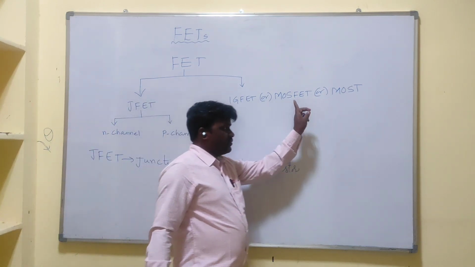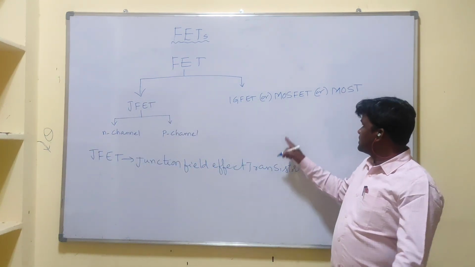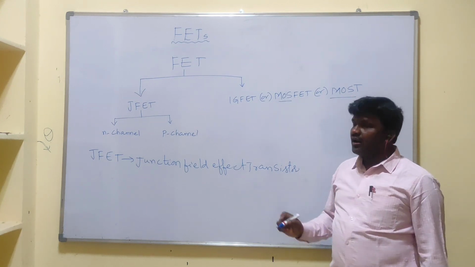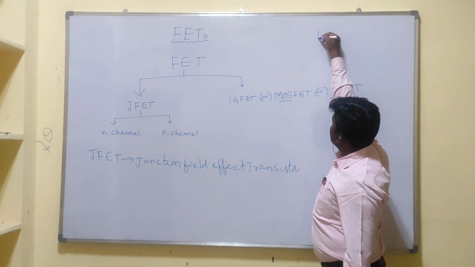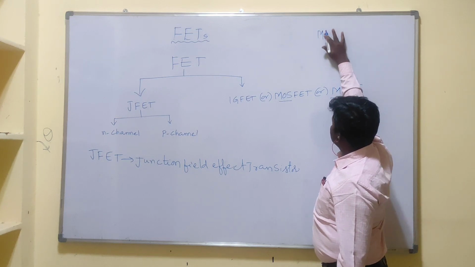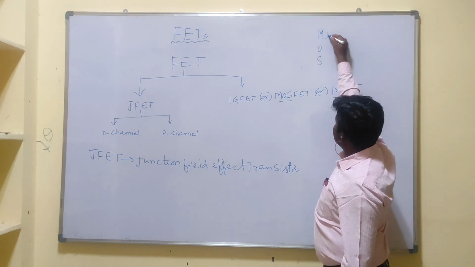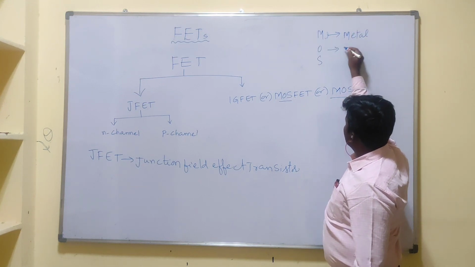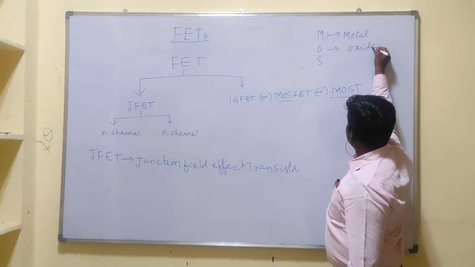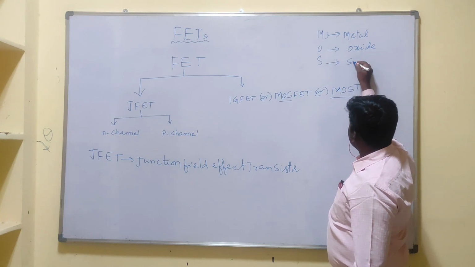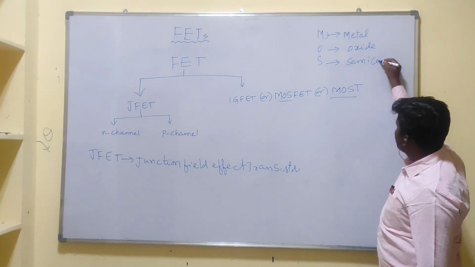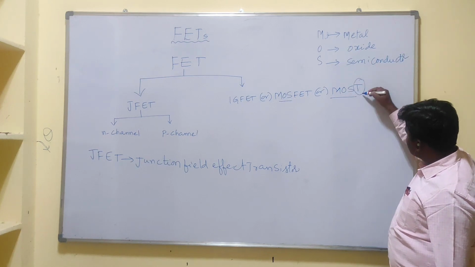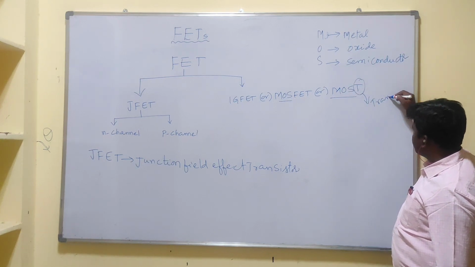Coming to the IGFET, MOSFET or MOST. MOST means, actually here we have MOS. MOS means metal oxide semiconductor. M stands for metal, O stands for oxide, S stands for semiconductor, and here T stands for transistor.